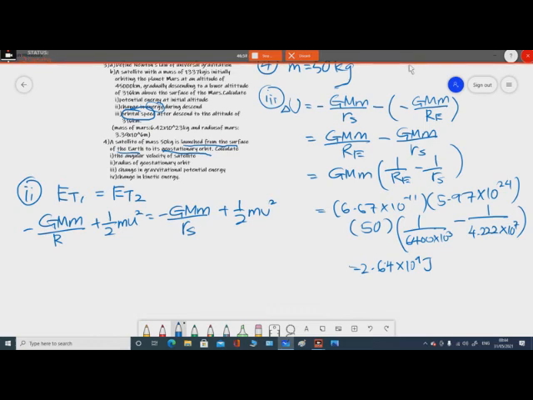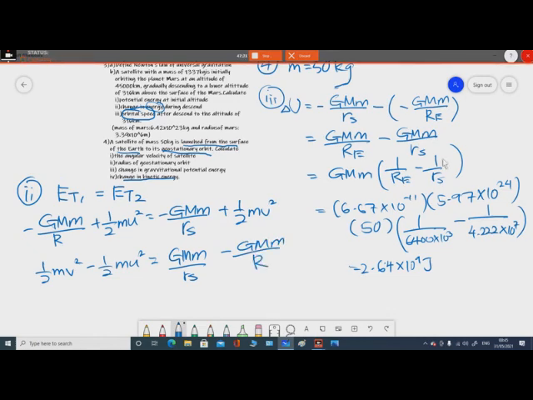The question asks for the change in kinetic energy. So half m v squared minus half m u squared, which is moved to the other side, equals GMm over r_s minus GMm over r.